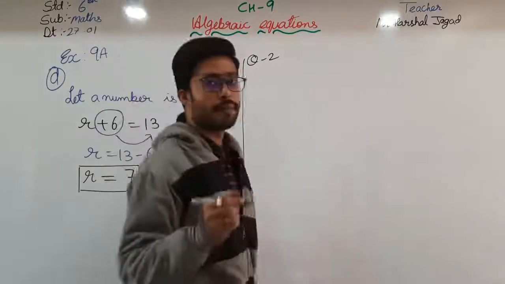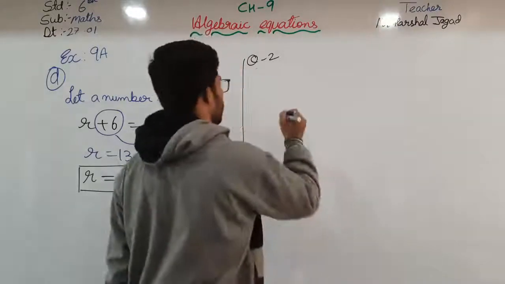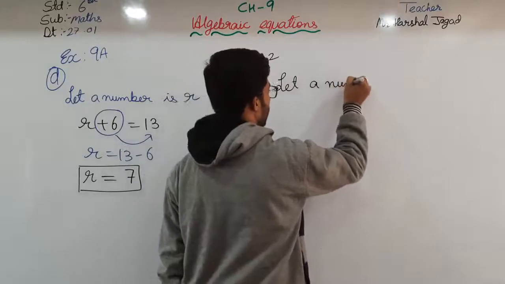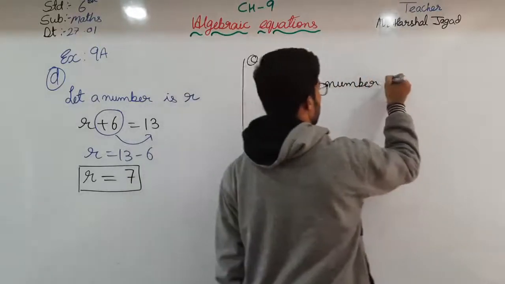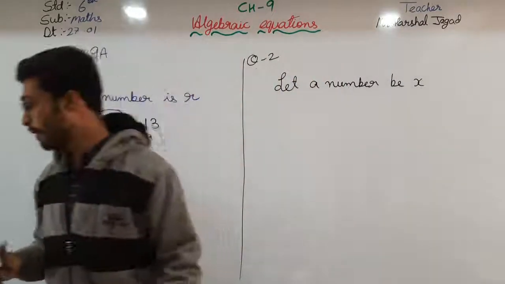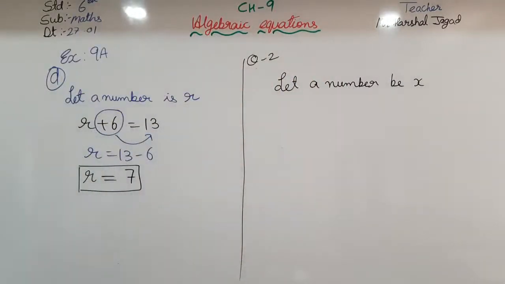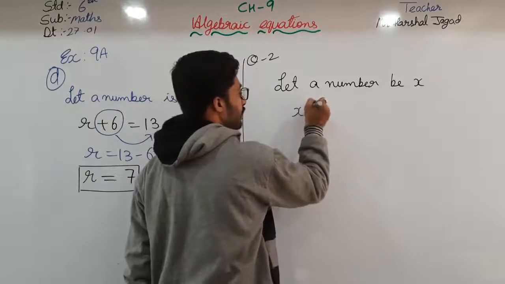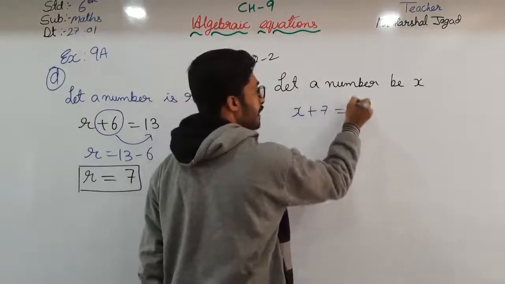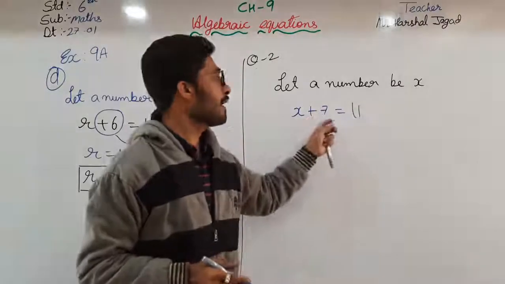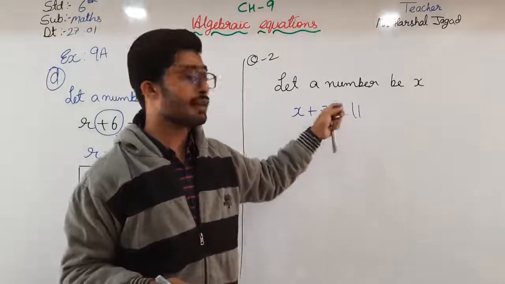So first of all, let a number be x. 7 more than a number is 11, means x plus 7 will we get, that is 11.